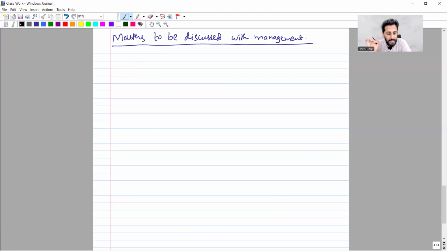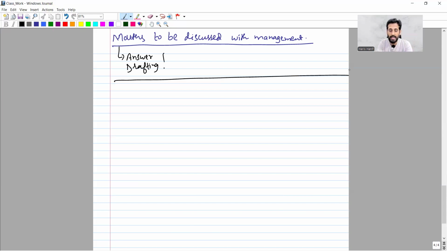While writing the matters to be discussed with the management, in answer drafting, I am writing the content of the answer, and we have to apply that content to this scenario. So first of all, you will have to write the matter and its correct treatment.